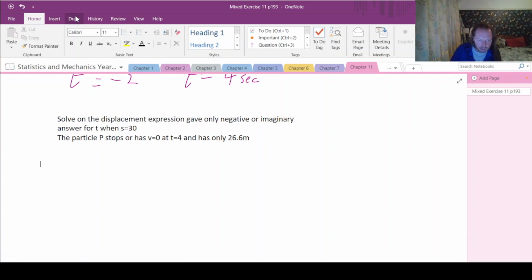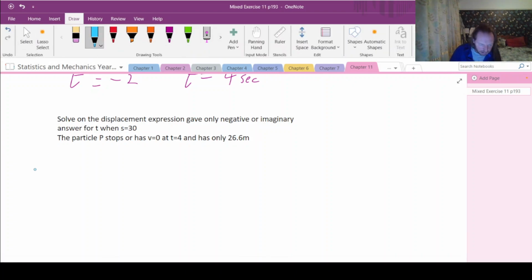Next bit, part C. Right then, part C. Find the value of t when P returns to A, giving your answer to 3 significant figures. Well, we know it has come back to there.